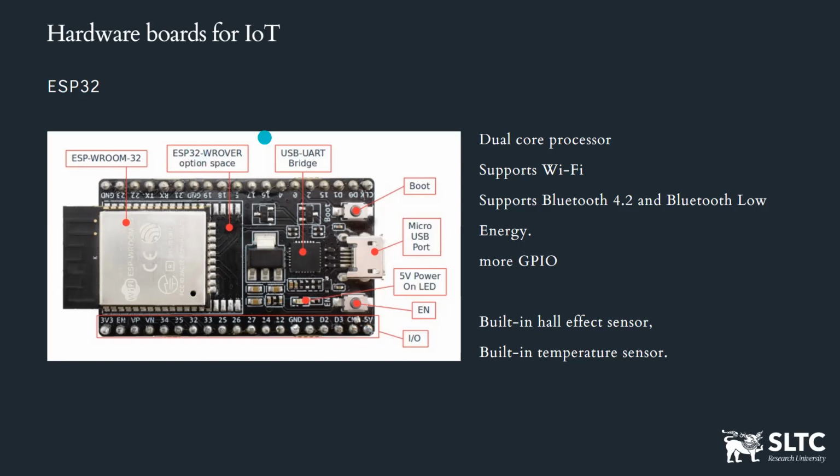And ESP32 also has two cores, just like the NodeMCU. It supports Wi-Fi and it supports Bluetooth, so you can communicate using both Wi-Fi and Bluetooth. It has more input output pins, and it has inbuilt temperature sensors and Hall effect sensors. Hall effect sensors are sensors that can detect magnetic fields.